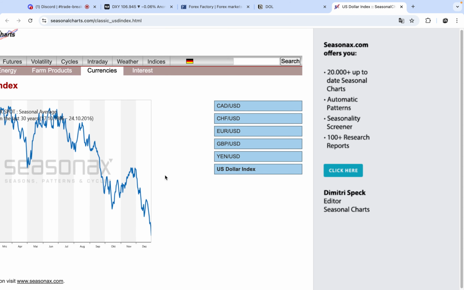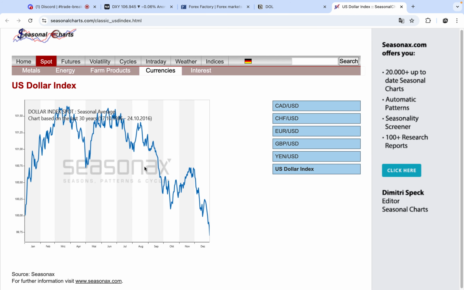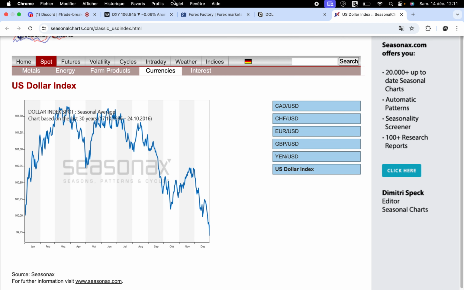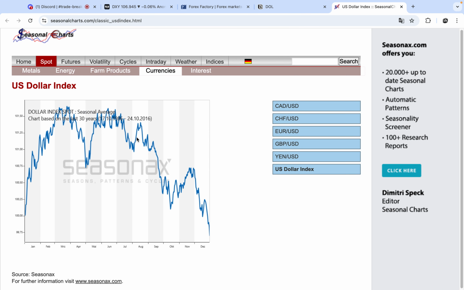Okay, so guys, this is a seasonal chart. This is the data based on the last 30 years. So over the last 30 years, this is what the DXY was doing.